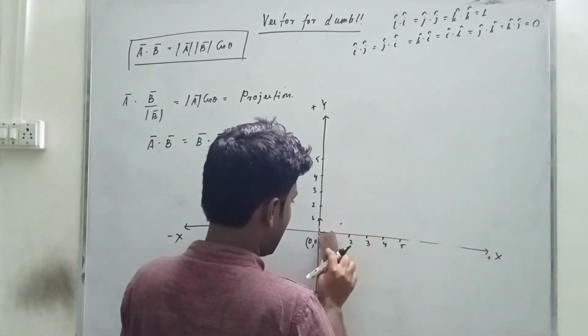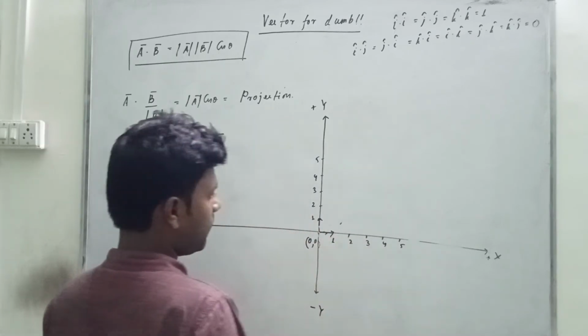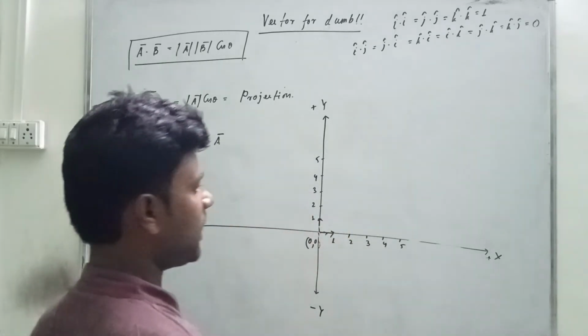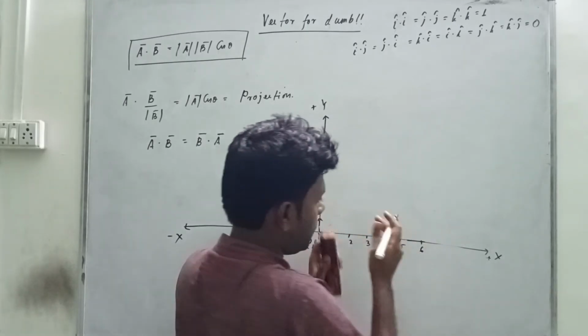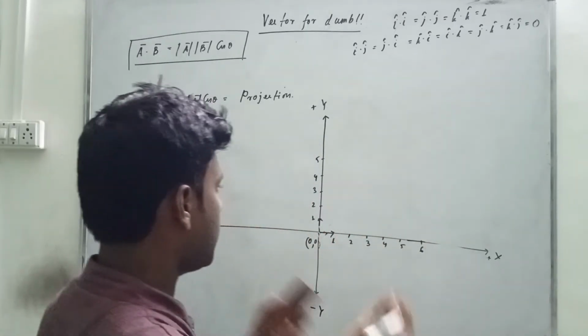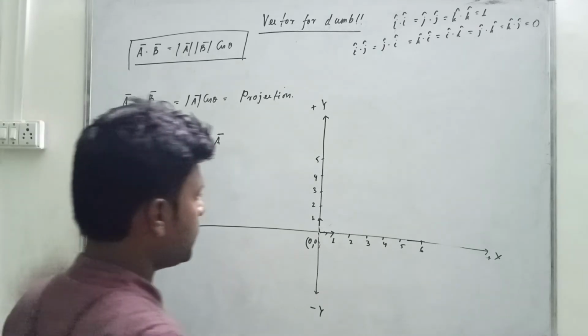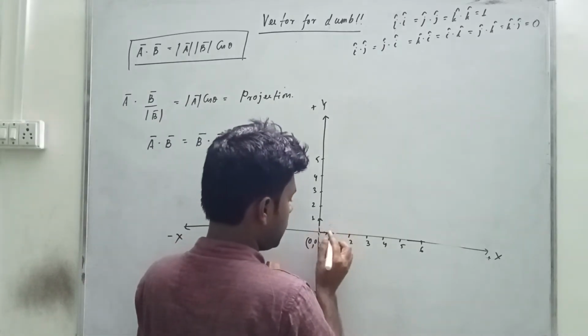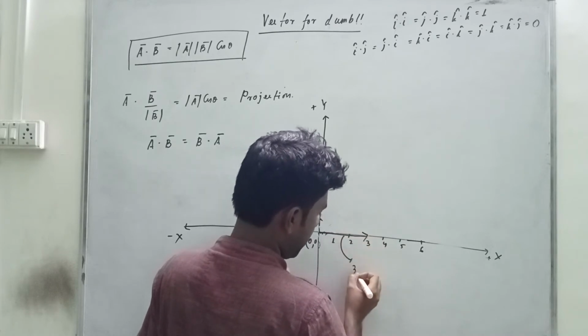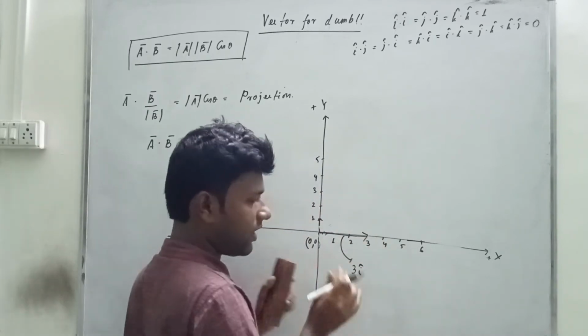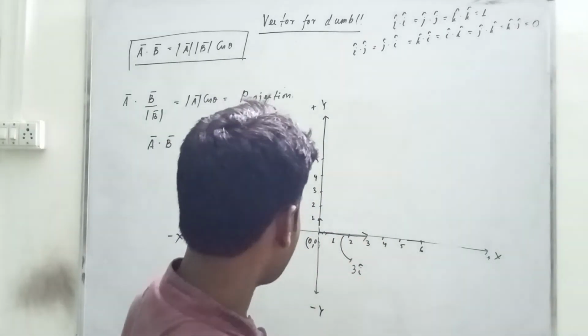Now, there is another very crucial finding. All of you know from our previous part what the figure of 3 i hat will be, right? Because 3 i hat means i hat plus i hat plus i hat.